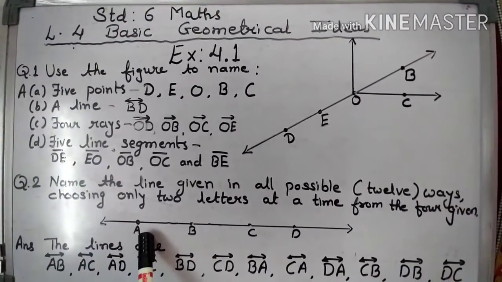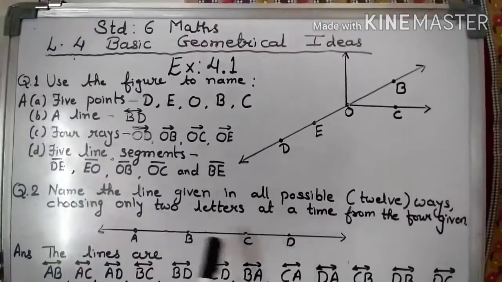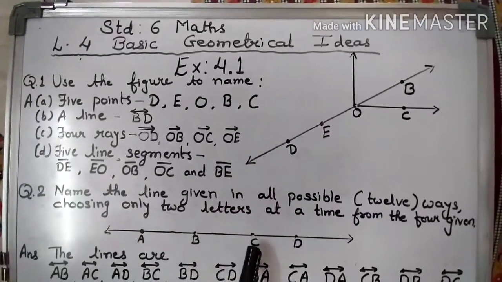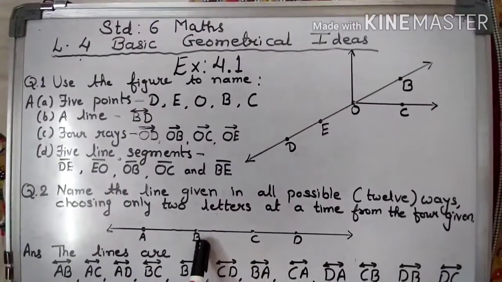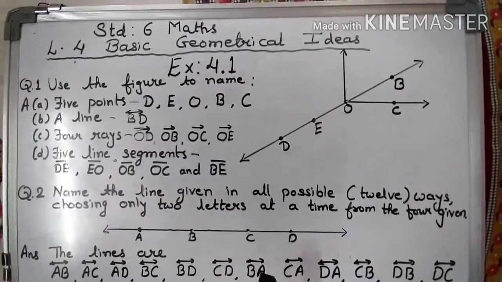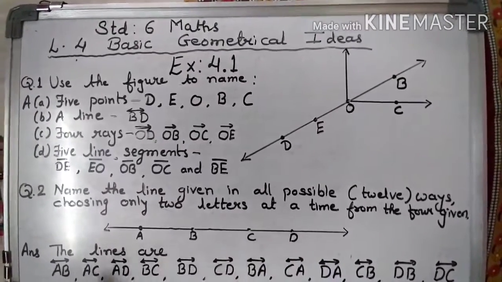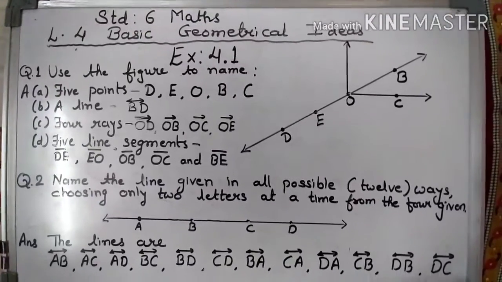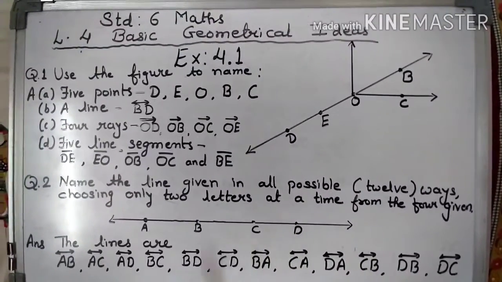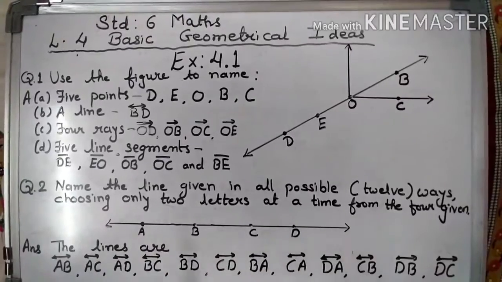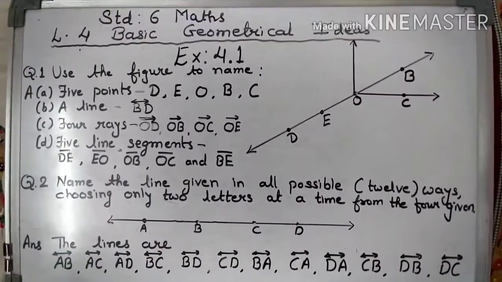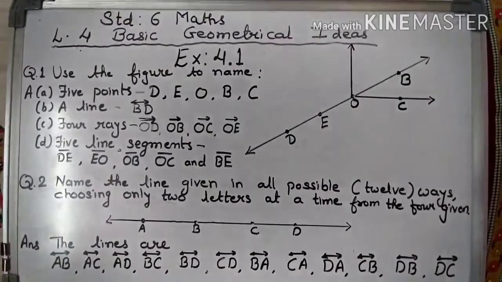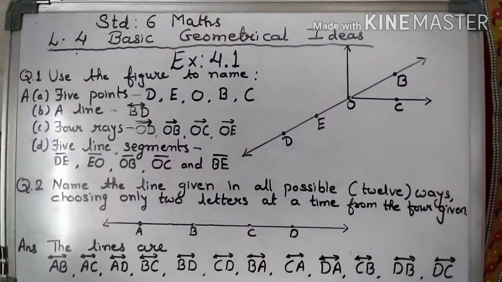Don't repeat any line again. Line DA, line CB, line DB and line DC. Right, this way you can write all the 12 possible ways of naming the line in the given figure. Now we will continue this in question number 3.